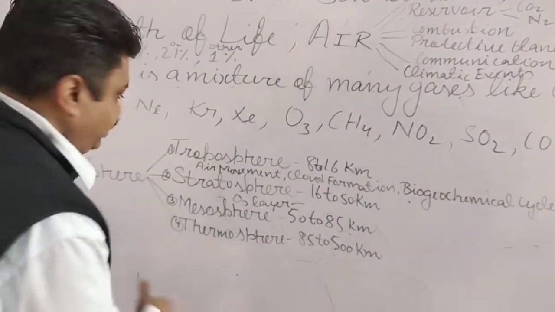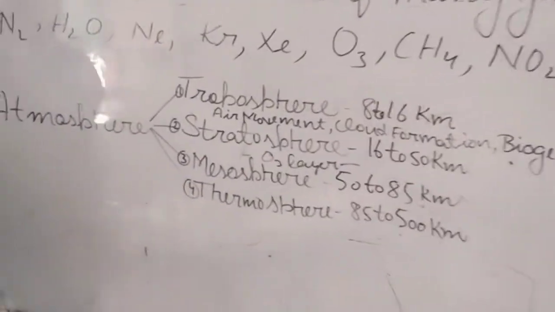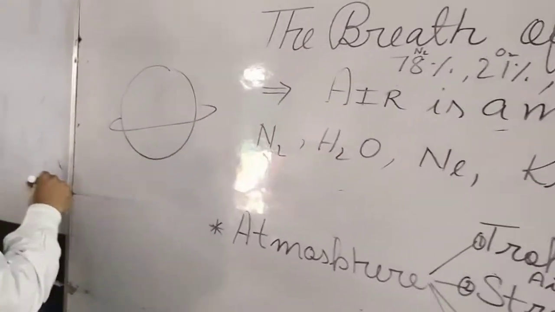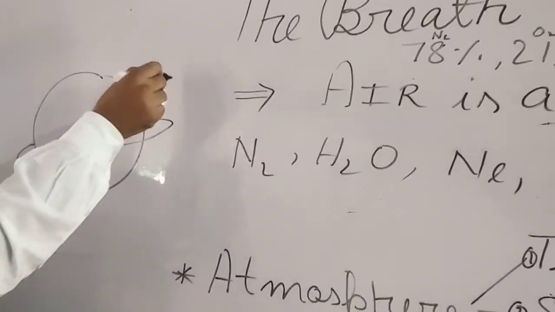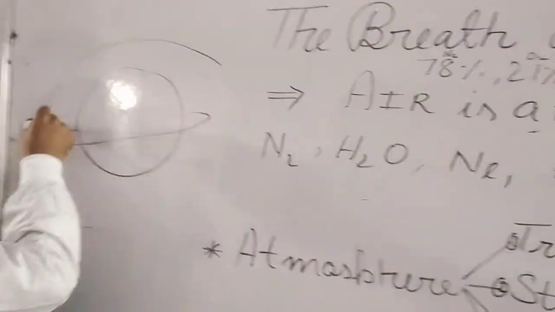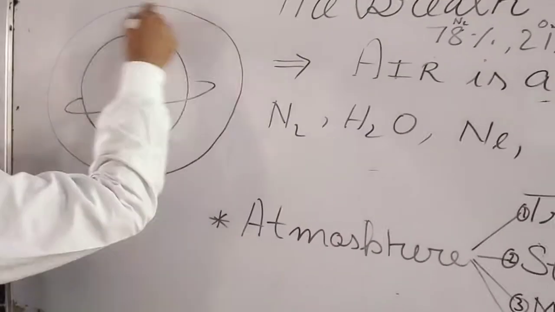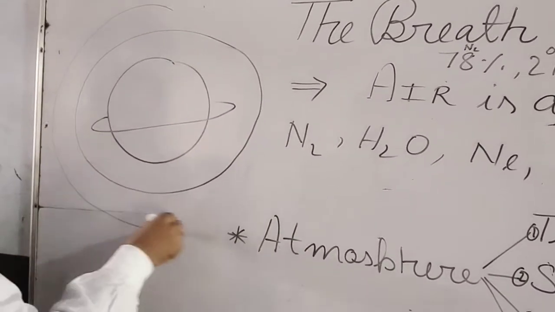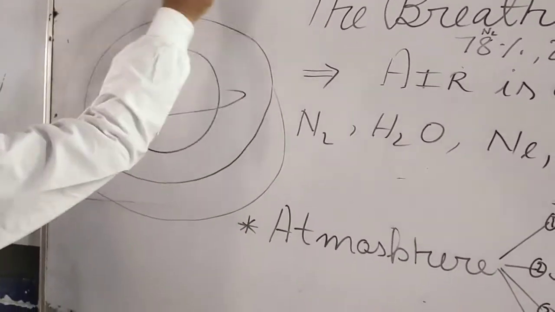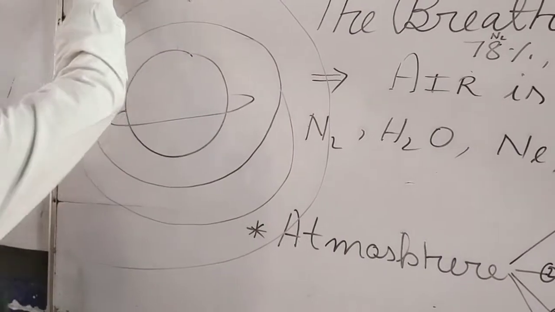Here I am drawing the earth. This is earth, our mother earth. On this we survive, and around it there are the 4 layers of the atmosphere. 1, 2, 3 and 4.